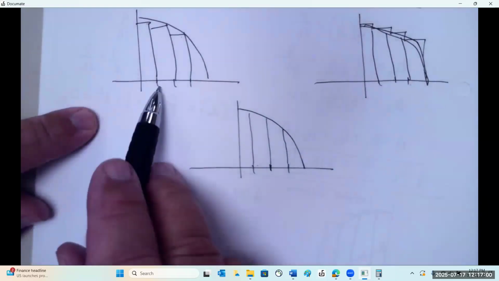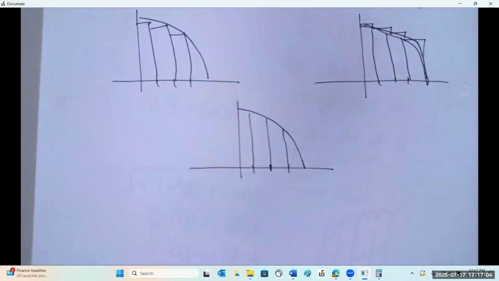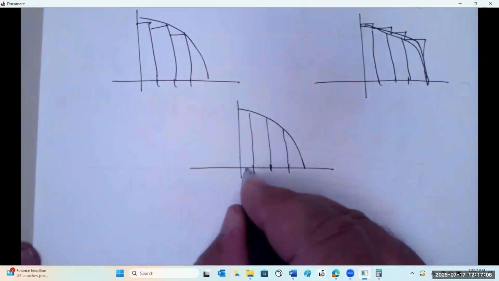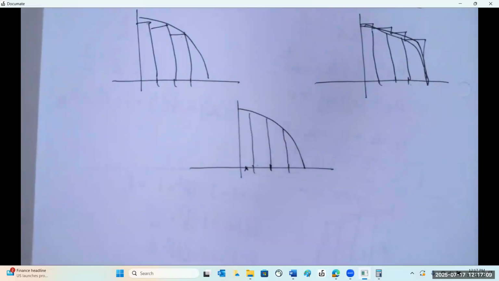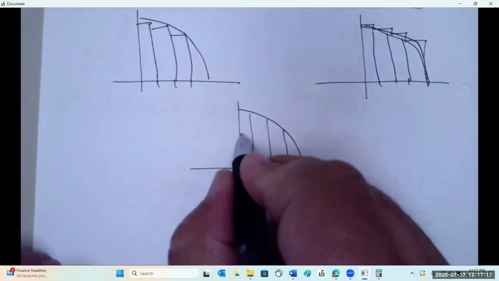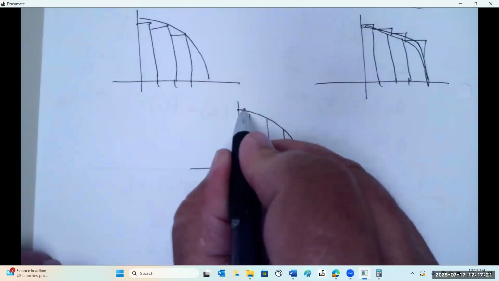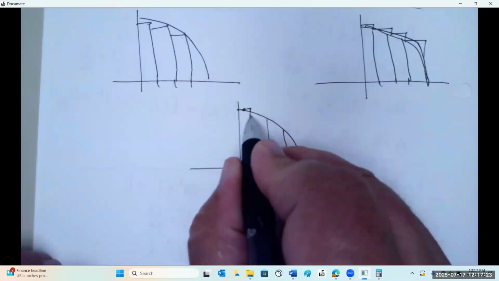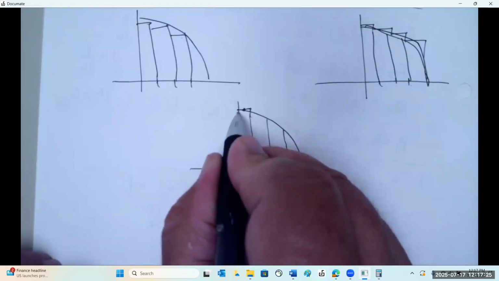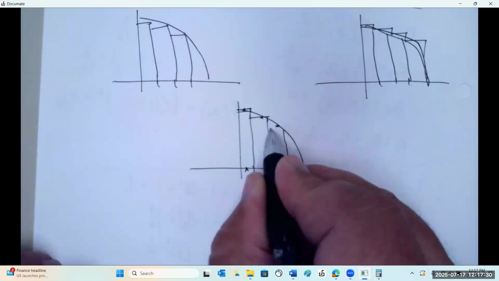Up until now we had to use the right endpoint or the left endpoint. What if we use the midpoint value? If we use the midpoint value, then our rectangle would go up there. Our midpoint values, you see what would happen to them?